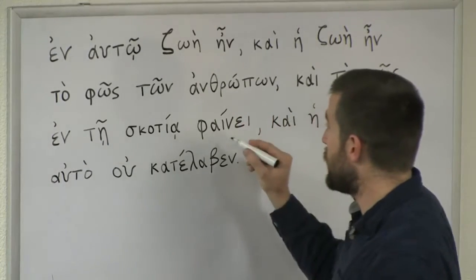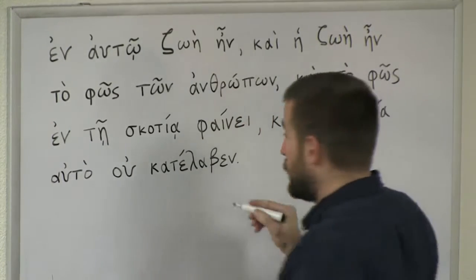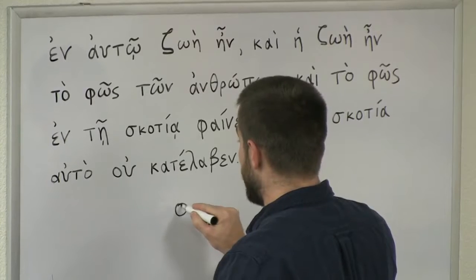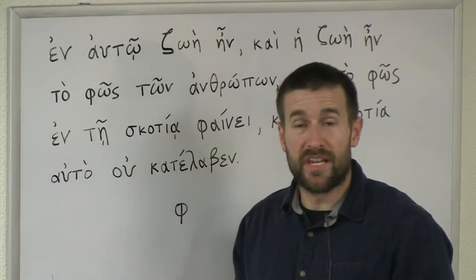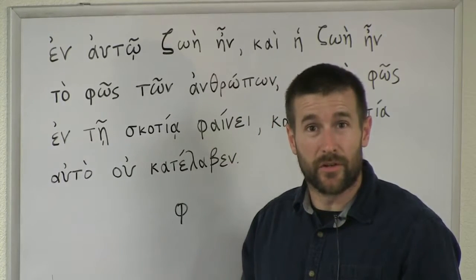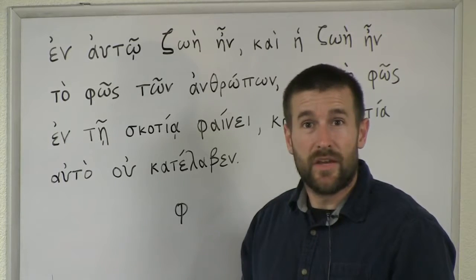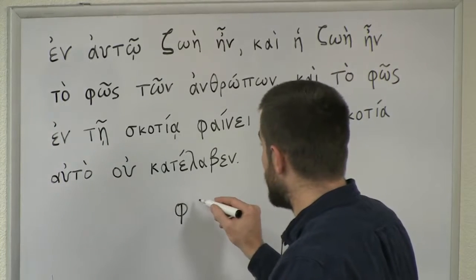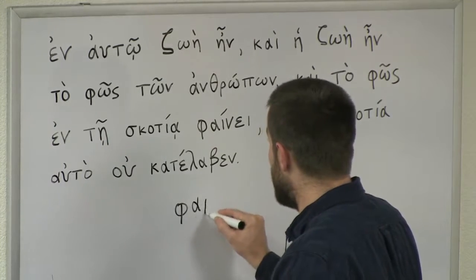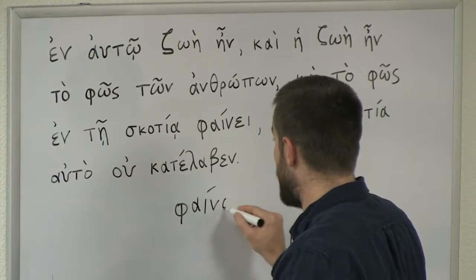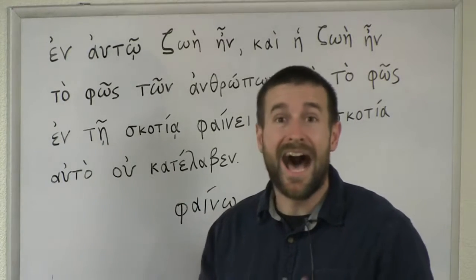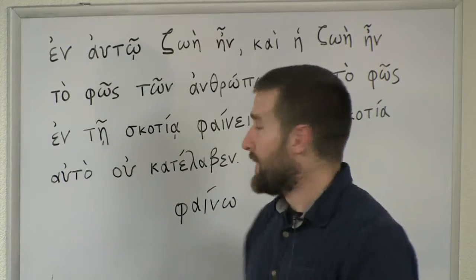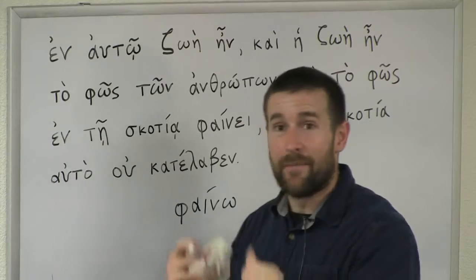Okay. Now the word pheni, in the dictionary, you're always going to find verbs in their first person singular, active, indicative form. And so the dictionary form of this word is going to be pheno, all right? Which would mean I shine, or I appear, or I am seen.